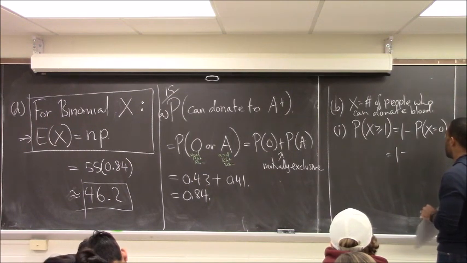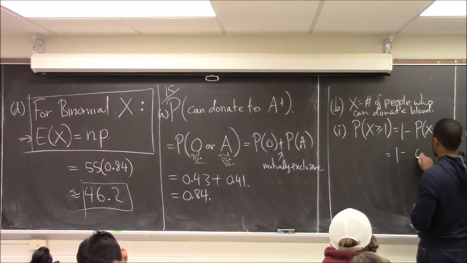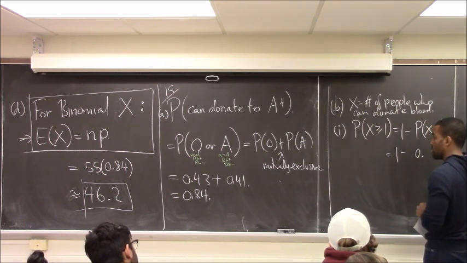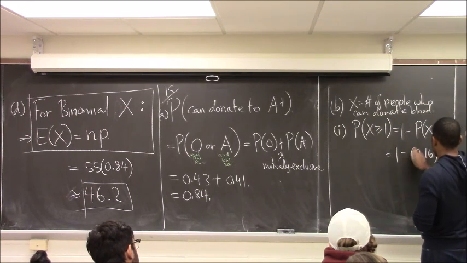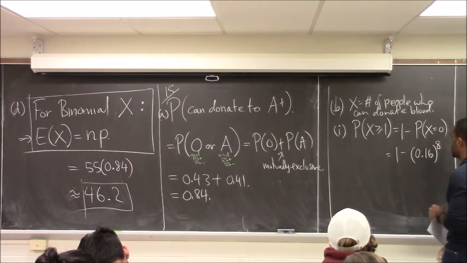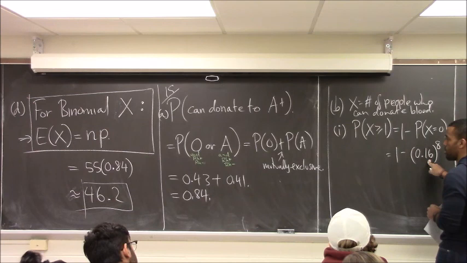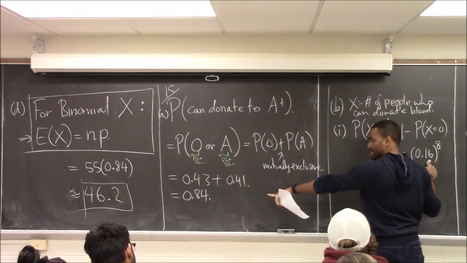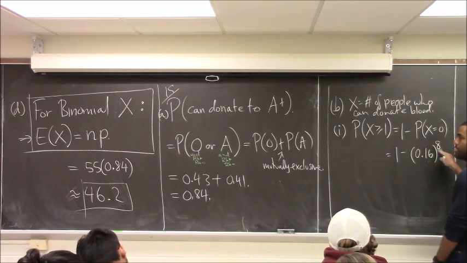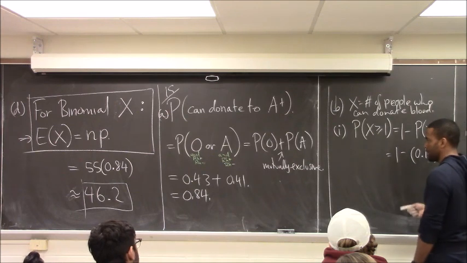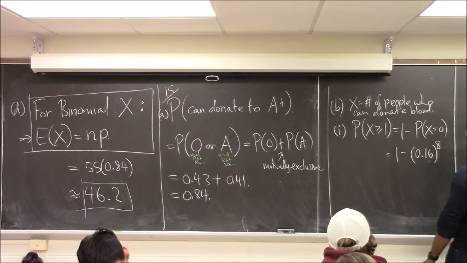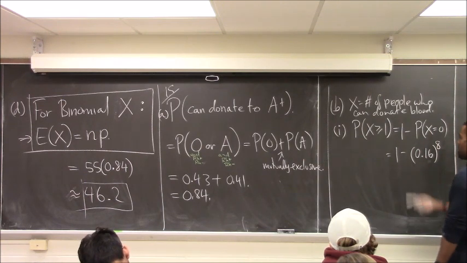No, it's 0.16 to the 8. Right, so it means that this is the probability that they're not that guy, and all 8 of them aren't that guy. Since blood types are independent, you just multiply 0.16 by itself 8 times. So that's the probability that no one is going to have the blood type. And then you just do 1 minus that.